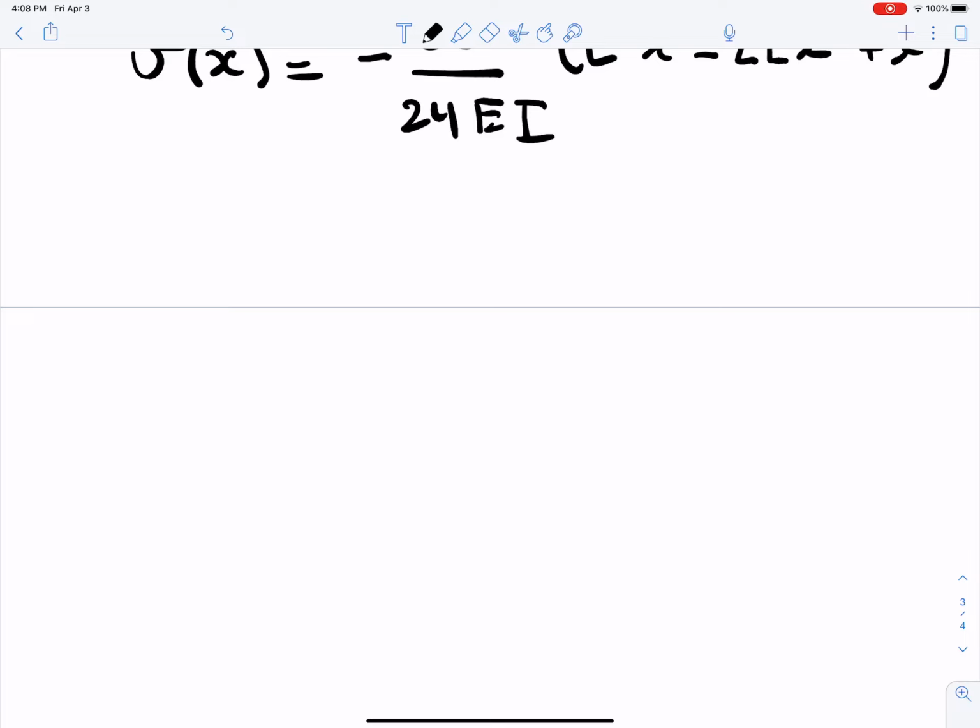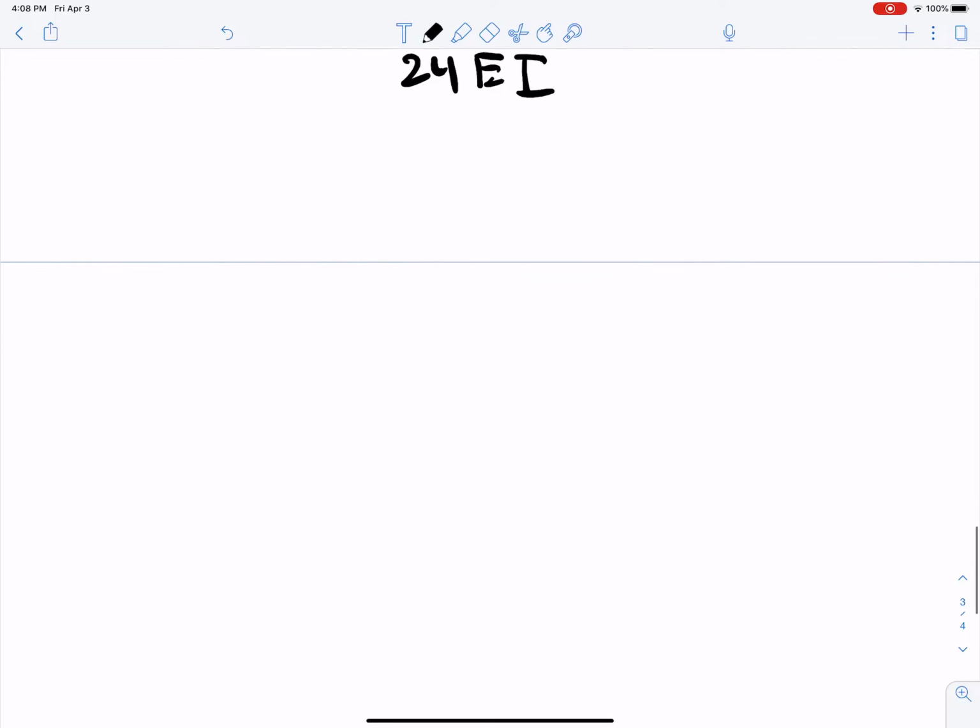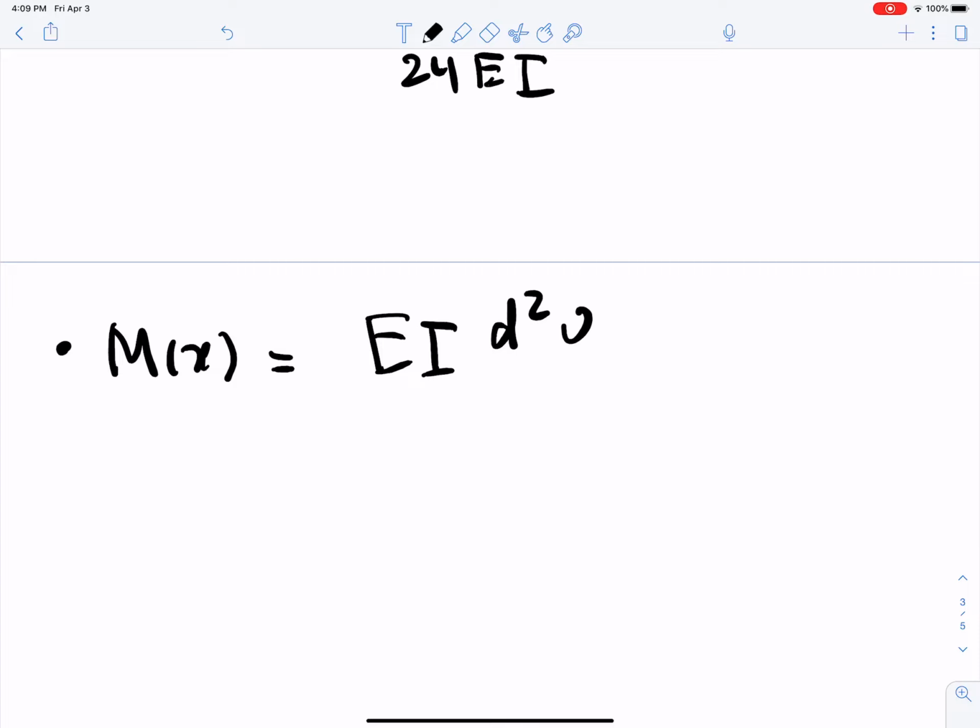Okay, what I want to do is focus on the extraction of forces and moments now. So if we look at the moment, m of x, we get EI d squared v dx squared.